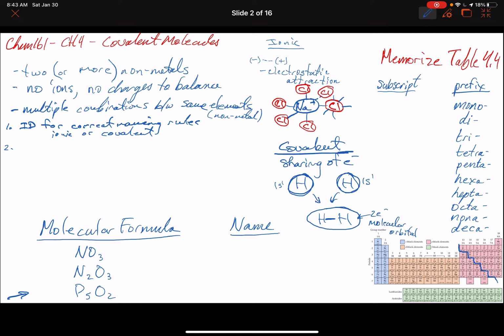The second thing we're going to need is to use prefixes to tell how many of each element we have in the molecule.